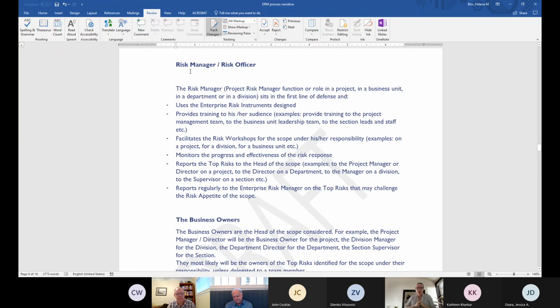And so this is more operational in terms of risk. The risk officer is more operational, dealing, typically speaking, with the project, with engineering, with procurement.